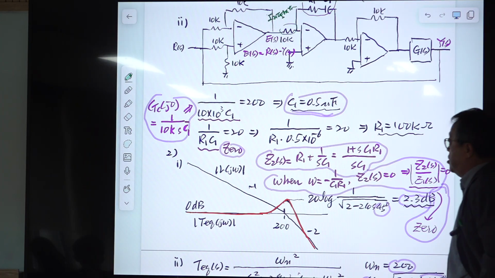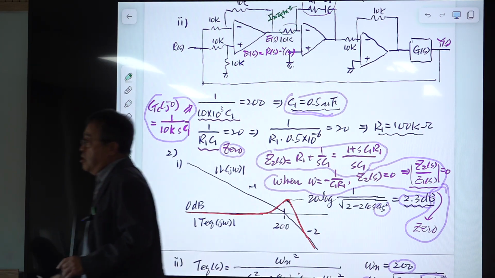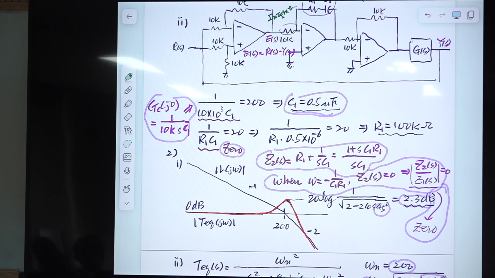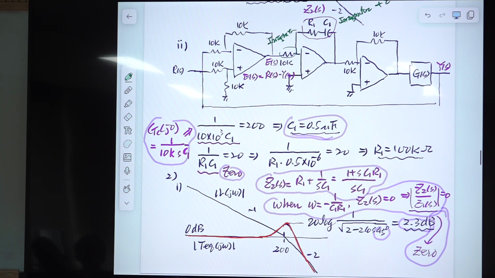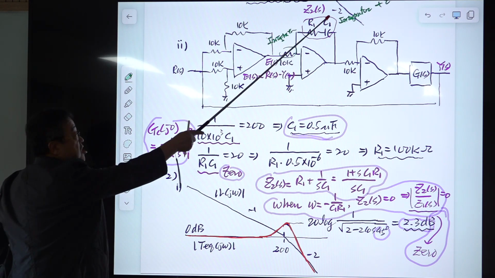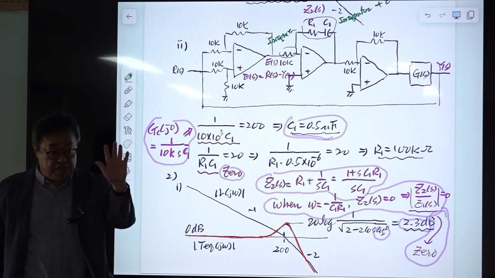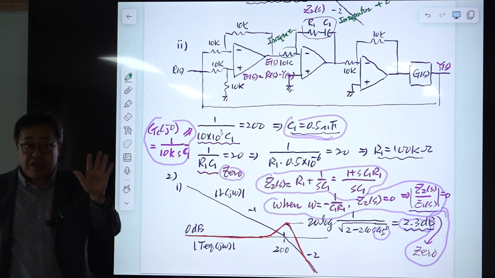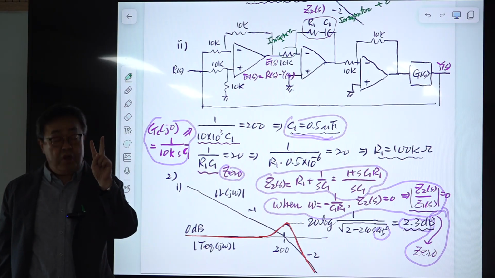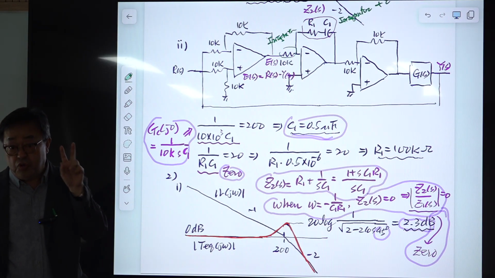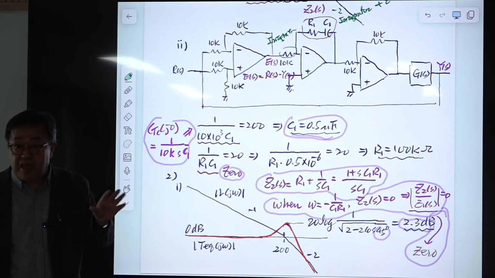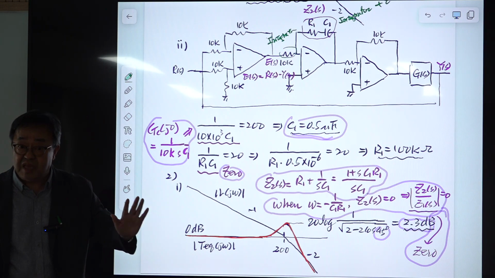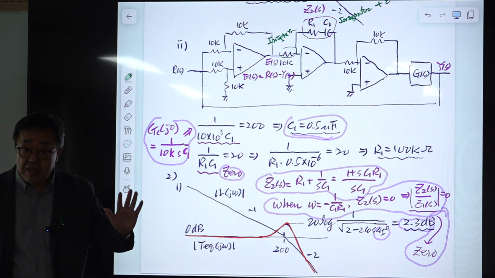is automatically determined. And there are 2 requirements here. One is the integrator gain, and the other one is the 0 frequency. But you have to select 3 components. You have only 2 equations. What are you going to do? Select one arbitrarily, okay? Then select the remaining things. That is the conventional way of doing this, okay?